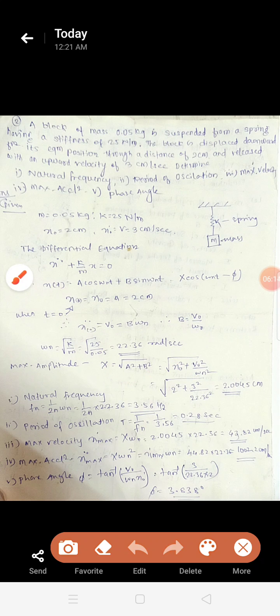Now we need to calculate the maximum amplitude, that is X, which is root of A square plus B square. This can be taken as root of x naught square plus v naught by omega n square.